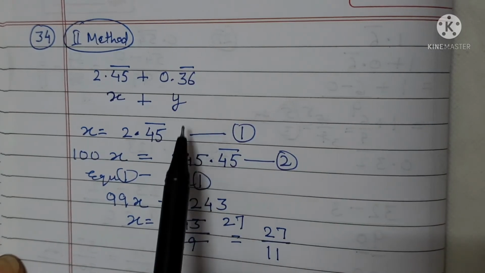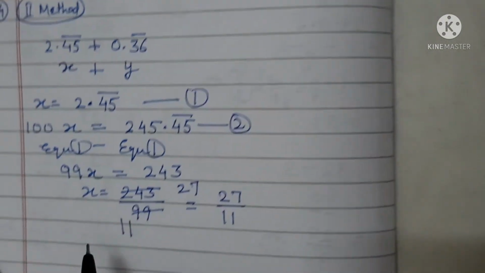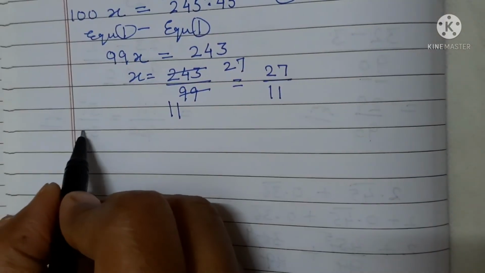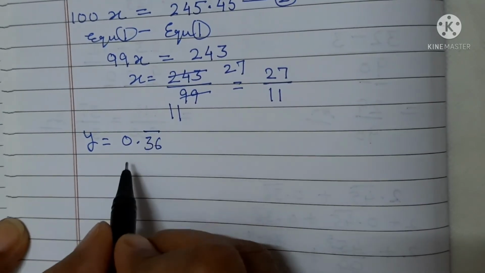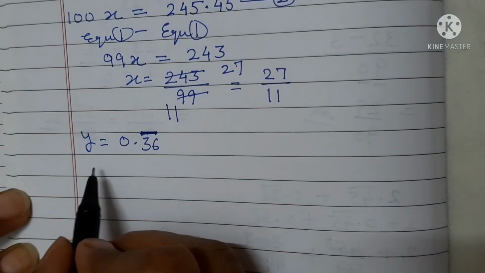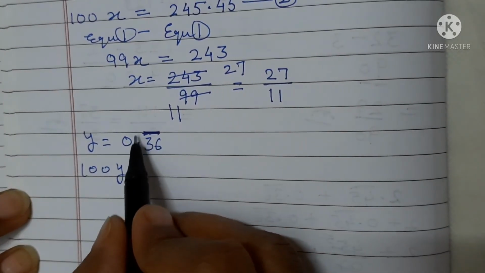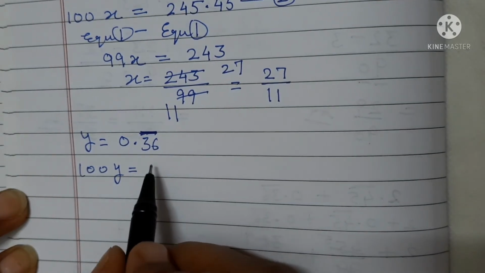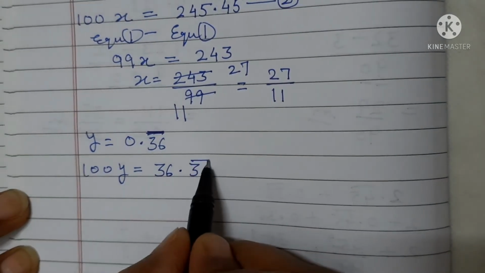Similarly, you find out y. For y, y is equal to 0.36 bar. Now because two digits have bar, multiply both sides by 100. So 100y is equal to, this decimal will shift after two digits, so you can write 36.36 bar.